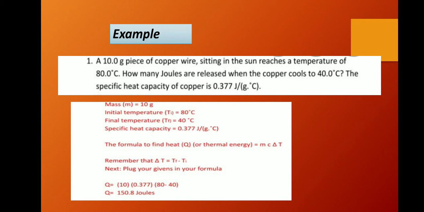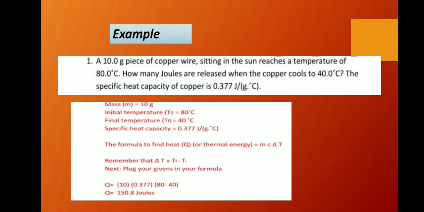So, according to the formula of the heat, mc delta theta, m means 10, into 0.377, into the temperature change, so 80 degrees minus 40 degrees, so the answer is 40.